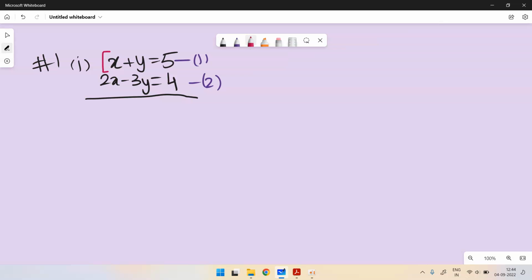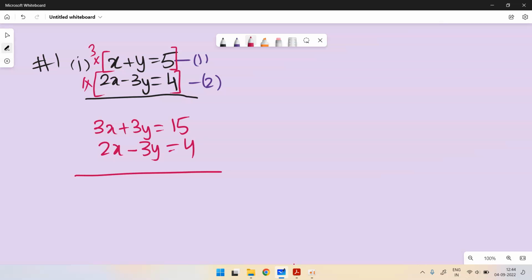So if you multiply the first equation by 3 and multiply the second equation by 1 only, the whole first equation will turn out to be 3x plus 3y equal to 15, 5 into 3, and the other equation will be 2x minus 3y equal to 4. Now if you just add these, the y terms become 0, and adding, 5x equal to 19. Now the value of x will be 19 by 5.